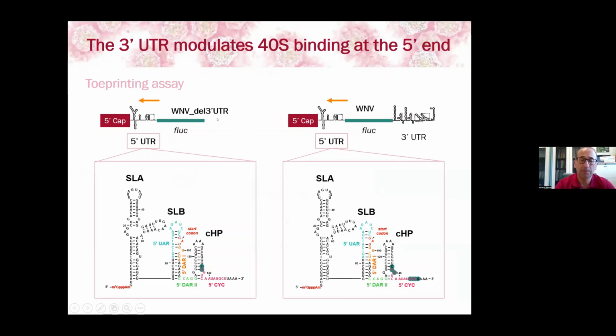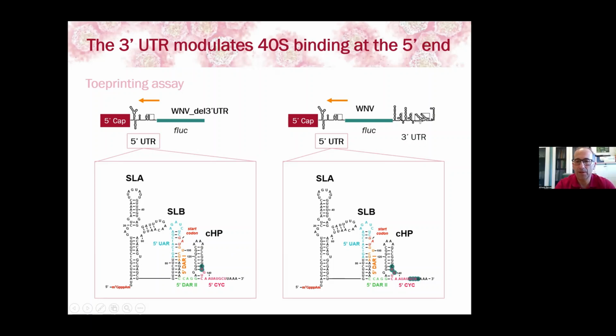Similarly, we did the same experiment to see what happened at the 5' UTR. Using these toeprinting assays in the absence of the 3' UTR, we detect the stops at this position, which determines that the binding site is this area, which is expected because here is the start codon.